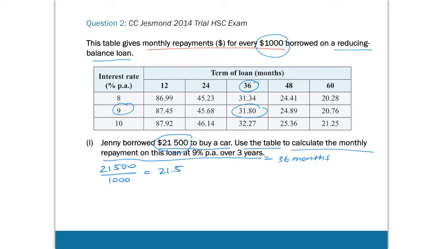So to find the monthly repayment, MR is 31.80 times 21.5, and we get $683.70. So that's our monthly repayment.